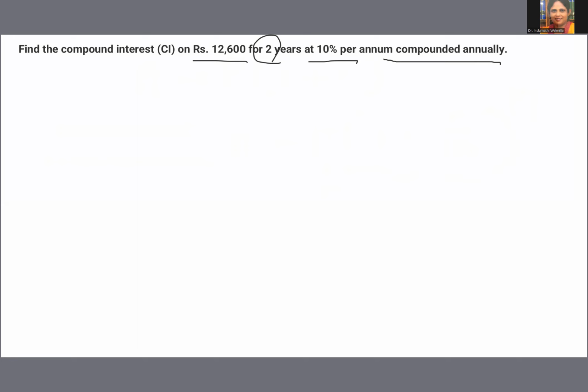Then we can apply A equal to P into 1 plus R to the power N. So that means 12,600.